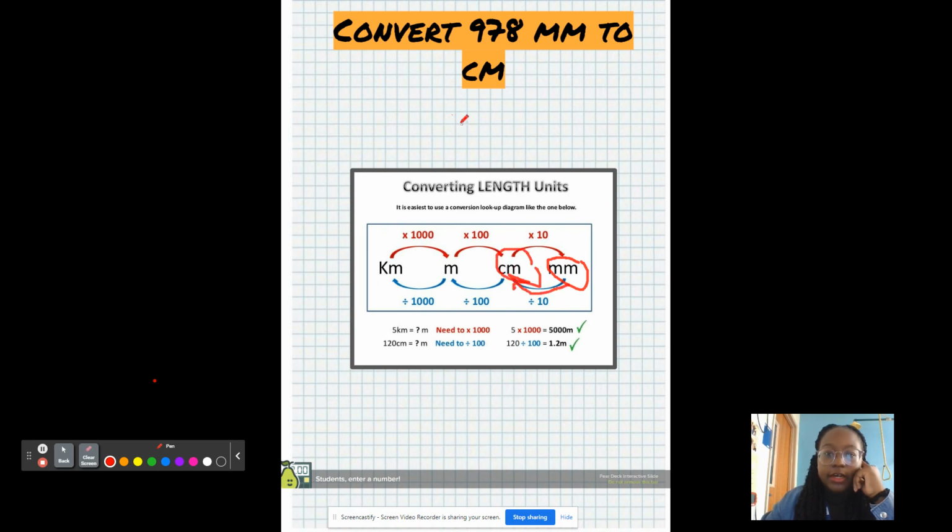You put that in the calculator, you're going to get 97.8. And again, if you don't want to use a calculator, you put an imaginary decimal point there and you move it over one place because you divided by 10, which has one zero.